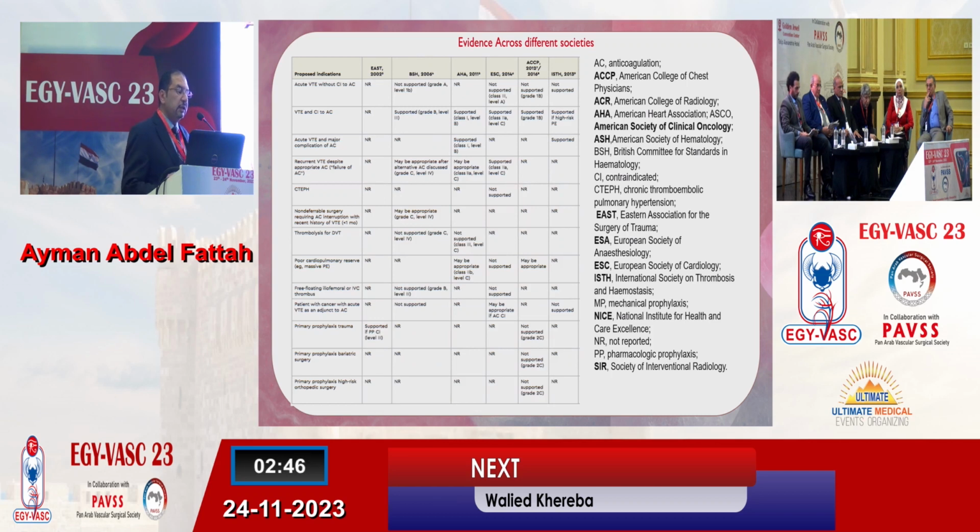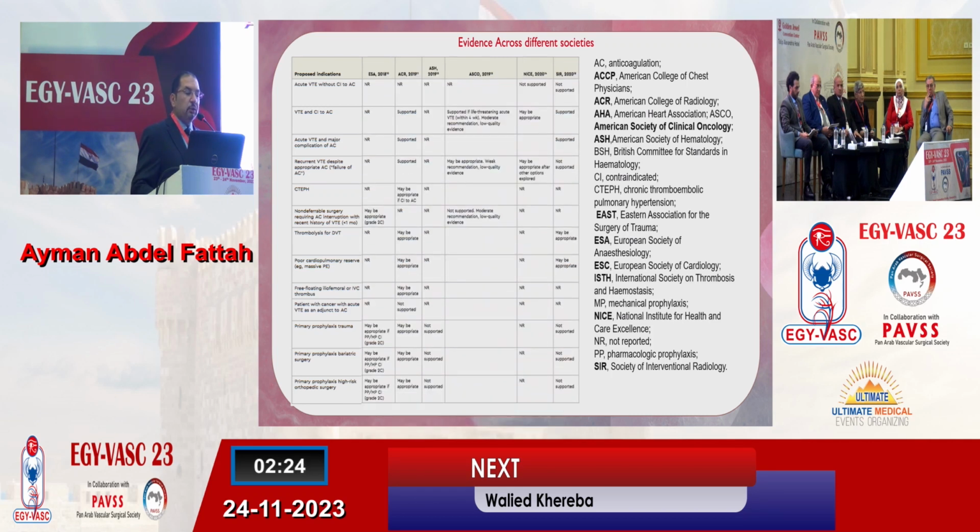As regarding patients with complications of anticoagulation therapy or failure of treatment, recurrent VTE despite therapeutic anticoagulation, there is no consensus approval. This is supported by the American Heart Association and American College of Cardiology, and by NICE 2020, but with Class C evidence, and they said it may be appropriate when other options are exhausted.